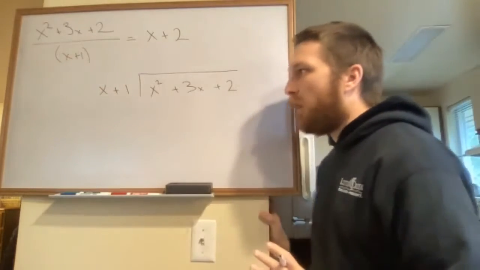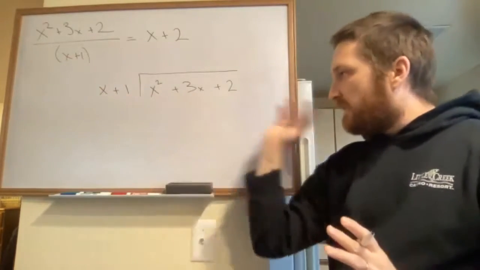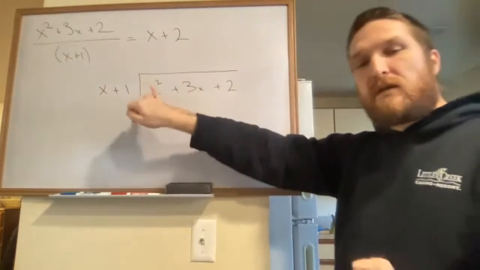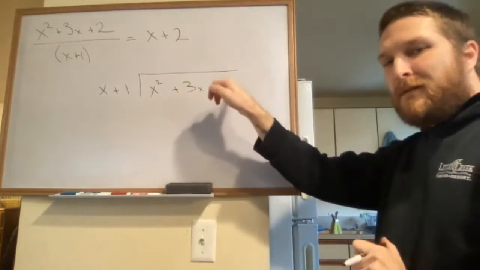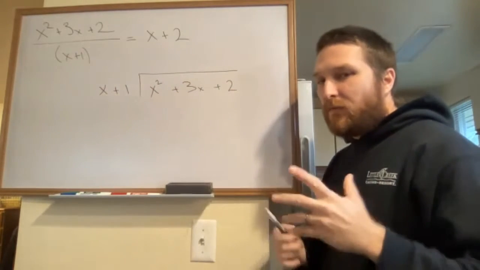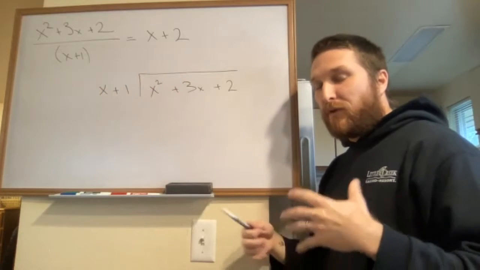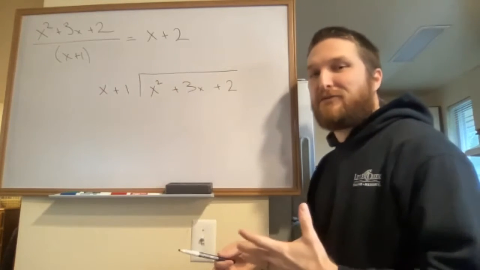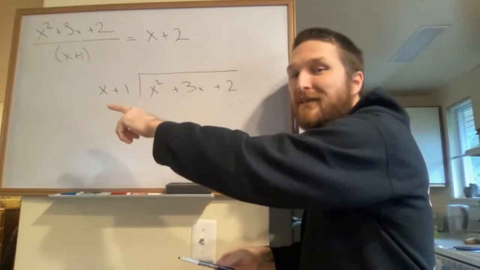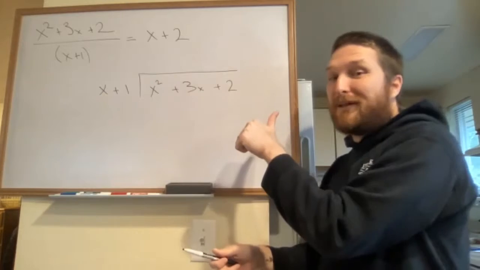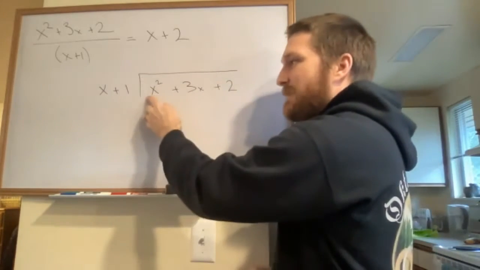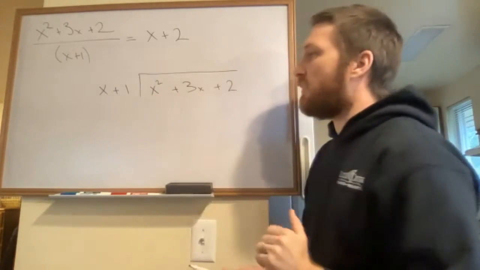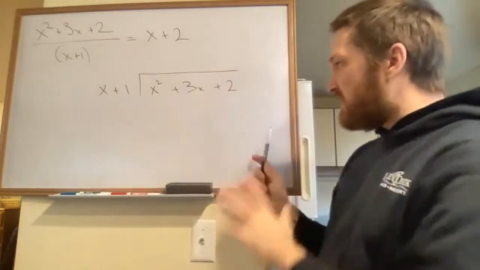So step 1 is to rewrite your stuff like this and make sure that your polynomials are in descending order. Just like when we wrote everything with regular numbers, we had to have the hundreds place all the way to the left. We had to have the ones place all the way to the right. And yeah, that has to be consistent for this to work. So our polynomials are in descending order.